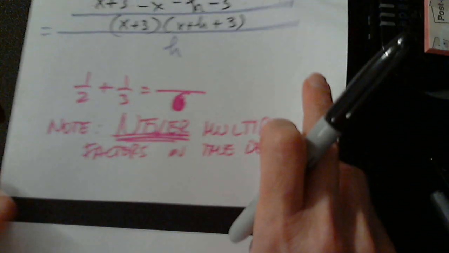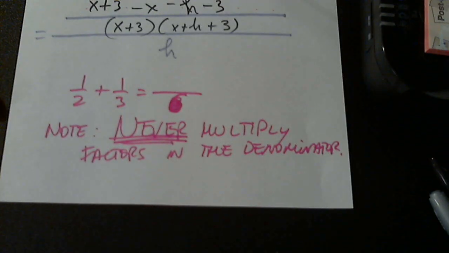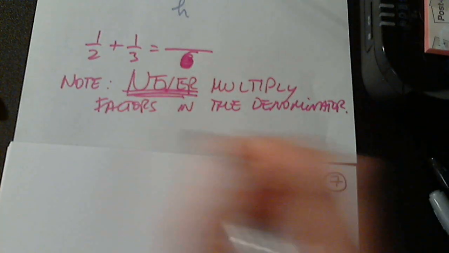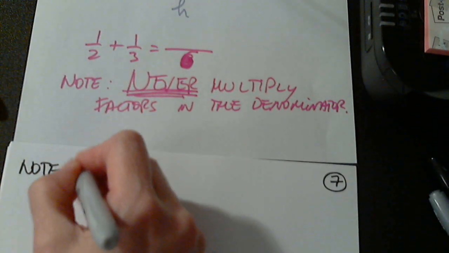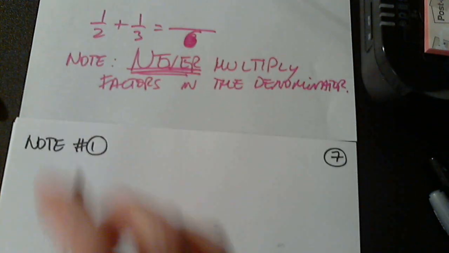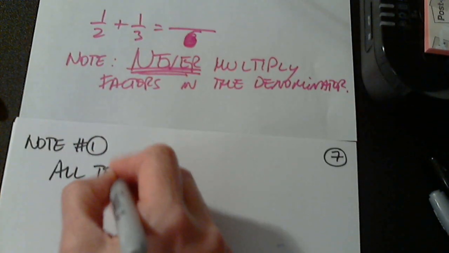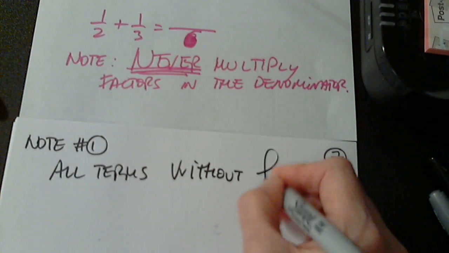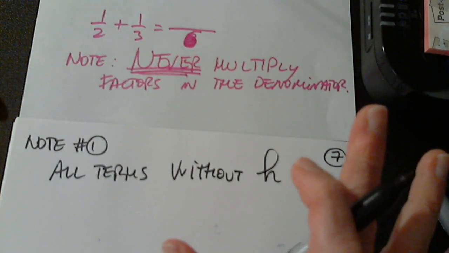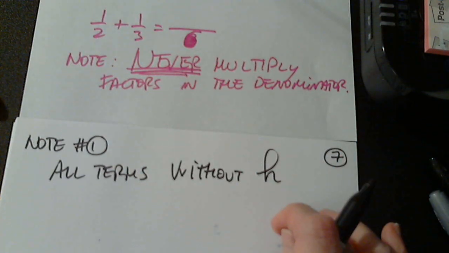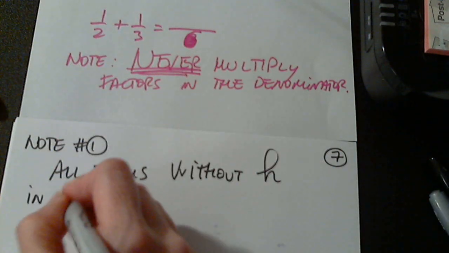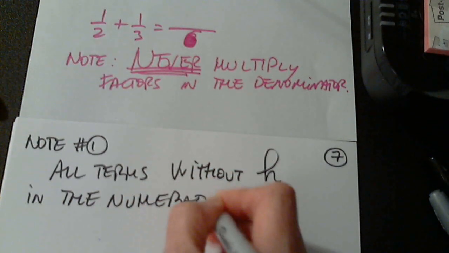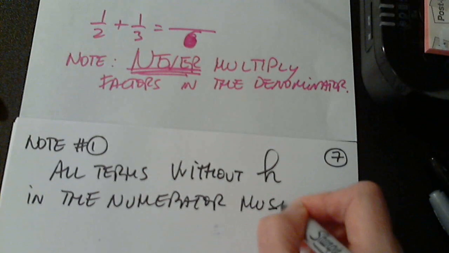We have two notes here to write. Note number 1: all terms without h, maybe some of them with h, but definitely all terms without h in the numerator must go away.